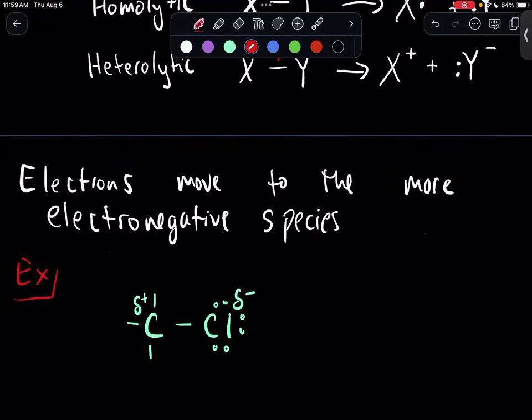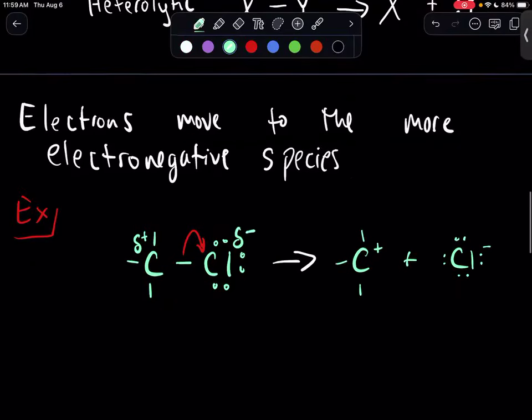So when this bond breaks, we're going to see our electrons move onto that chlorine, creating two ions. We're going to have what we're going to refer to later on as a carbocation, carbon cation, carbocation, plus our chloride ion.